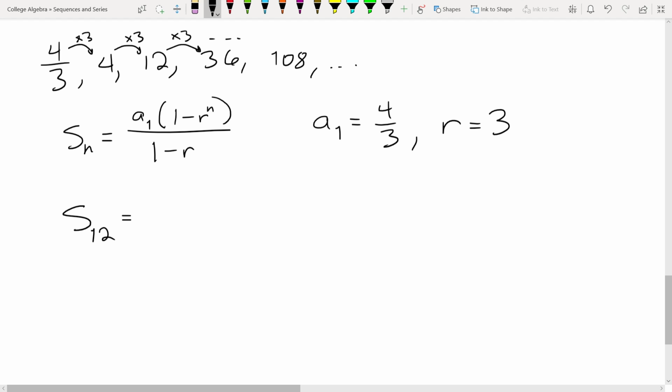So the sum of the first 12 terms wouldn't be too hard to calculate by hand, by just continuing the sequence so that you have the first 12 terms. But we can use this formula to find it much faster.